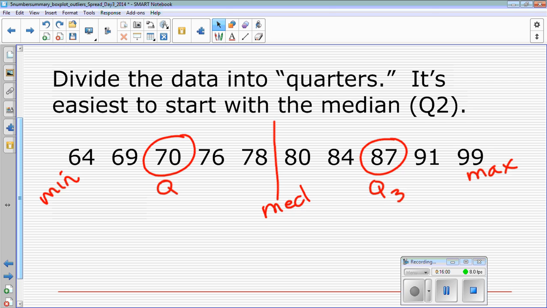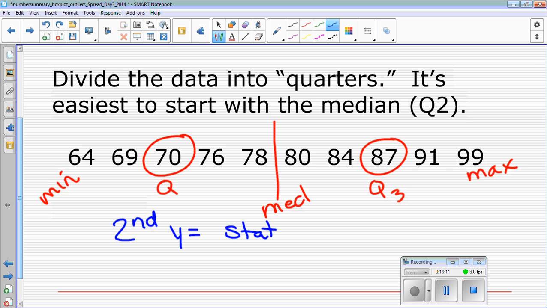I'm going to go ahead and go to stat plot, which is second y equals. Okay? I'm going to turn it on, which means I'm going to hit enter. Make sure it's on.